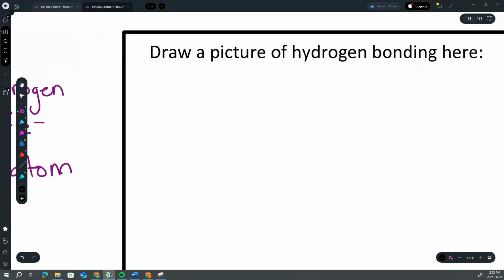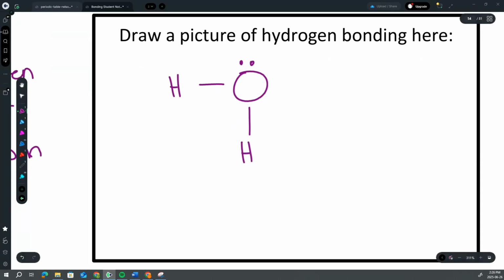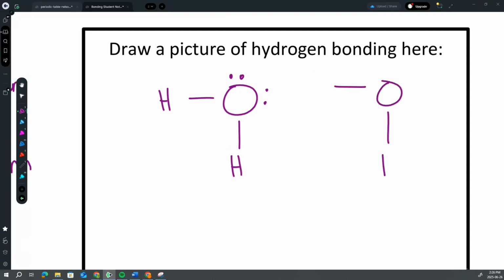So if we were drawing a picture of this, I'm just going to quickly draw a water molecule here, and we'll draw another one over here. So like I said, the attraction is happening between hydrogen and a lone pair of electrons on either nitrogen, oxygen, or fluorine.